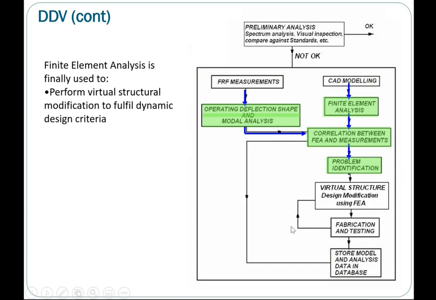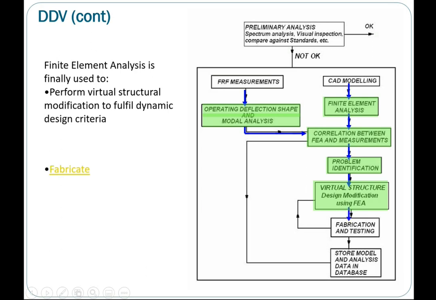Right. So once everything is done, let's say we know that the problem is not force related, it is low stiffness, resonance related, or structural dynamic weakness related. Then we can perform virtual modifications.